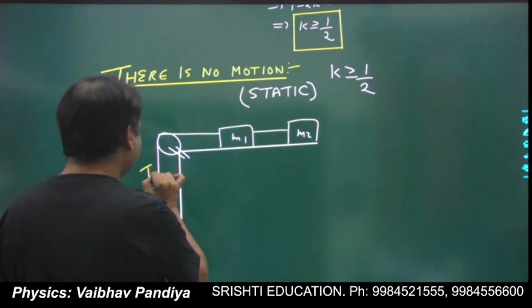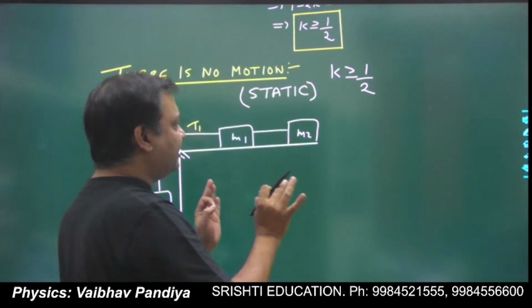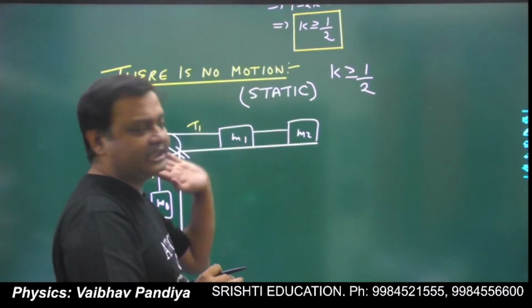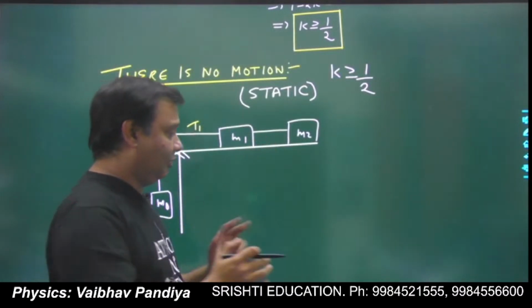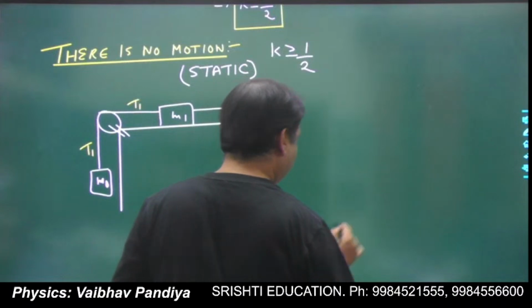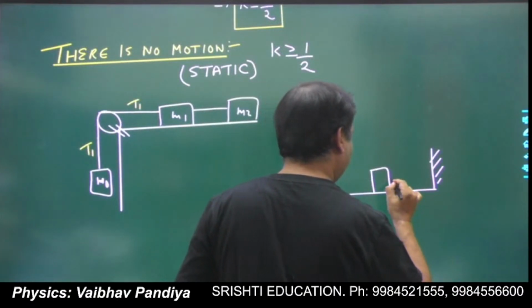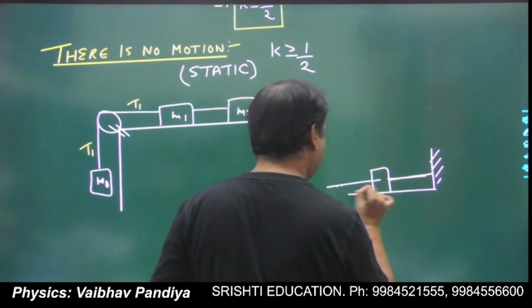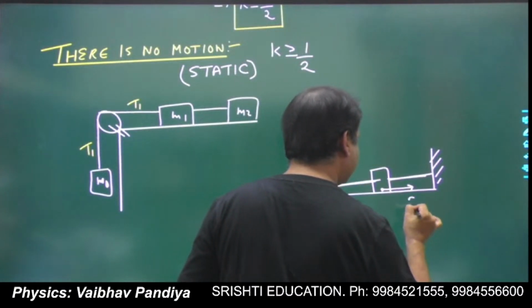Say the tensional force in this case is T1. Now the first point of consideration is whether this string will have a tensional force or not. Now, if you see the fundamental which I covered in Newton's law, if something is like this, and this is a string, and you are pulling a block with a force F, then a frictional force will start acting.